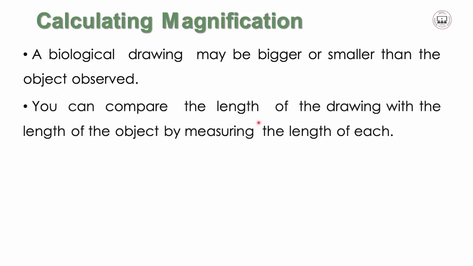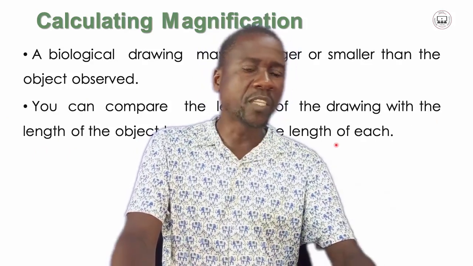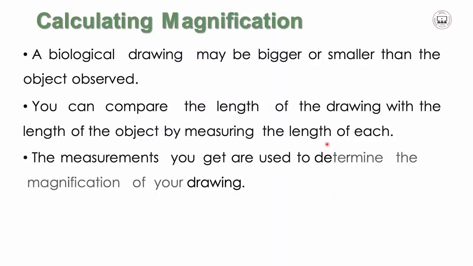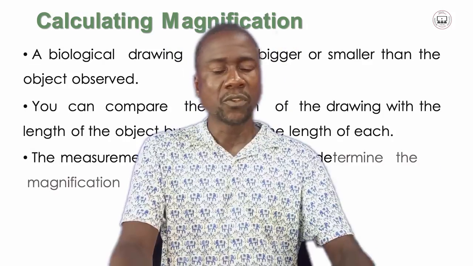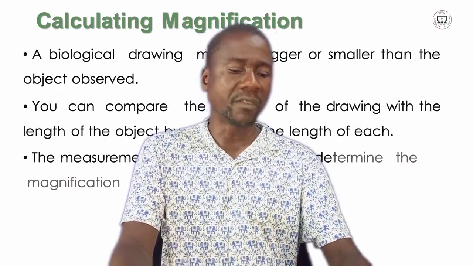You can compare the length of the drawing with the length of the object by measuring the length of each, which means the specimen or the object and the drawing. The measurements you get are used to determine the magnification of your drawing.